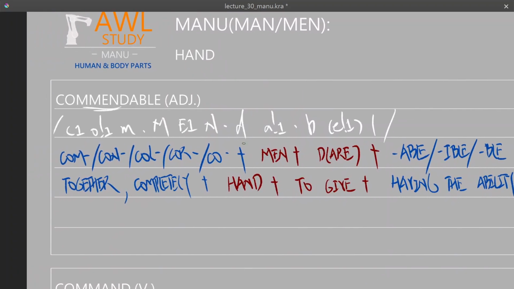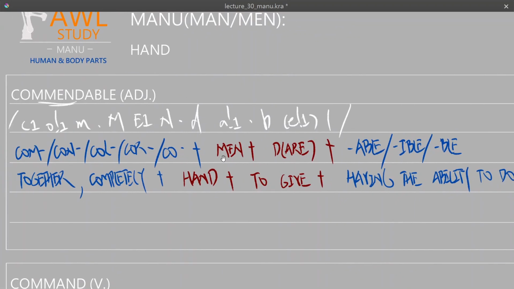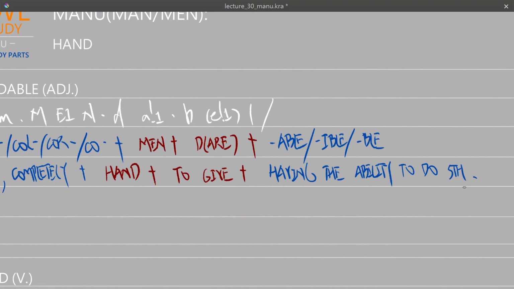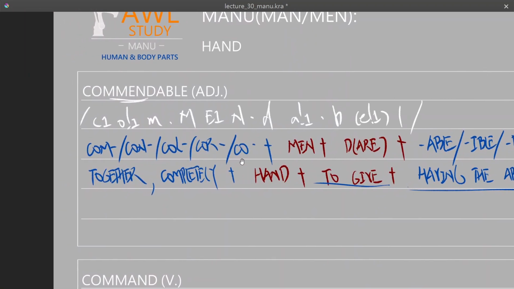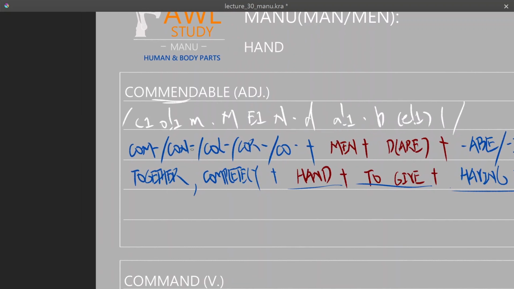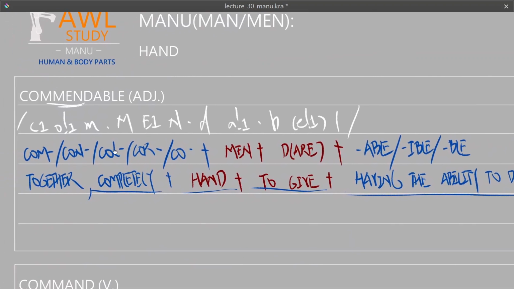Alright, so commendable literally means what? It means being able to do what? Being able to give your hands to support somebody or something completely. That's it.